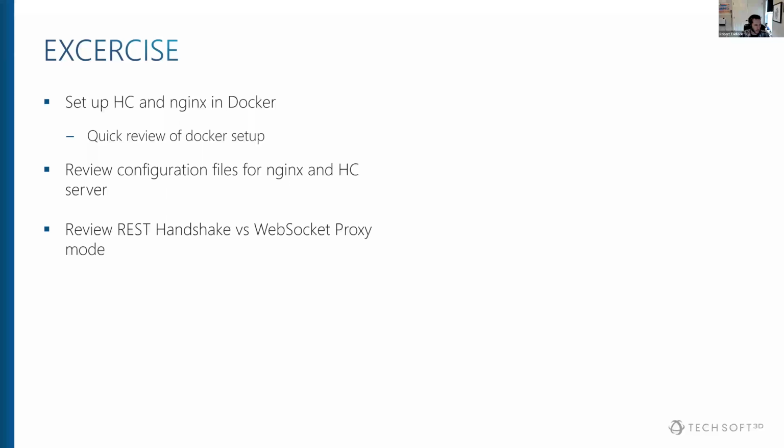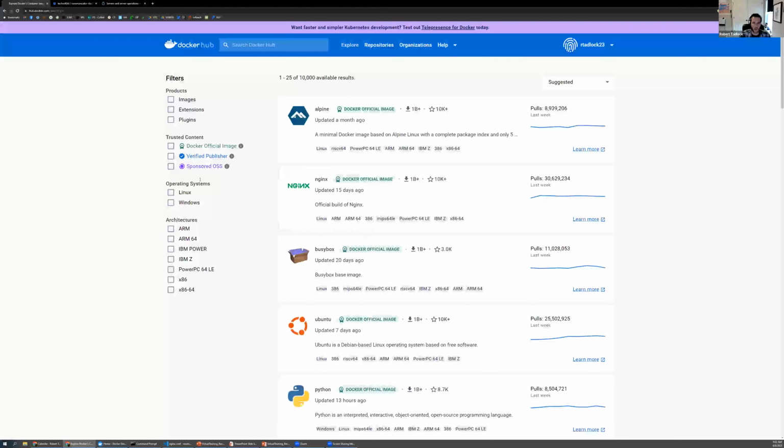So let me quickly jump over to my web browser because I've got a few links that I want to show you. If you're not familiar with Docker, it's a useful tool. It's used all over the web and for development purposes as well. I use it a lot because I can quickly instantiate different versions of, say, Linux that our partners are using.